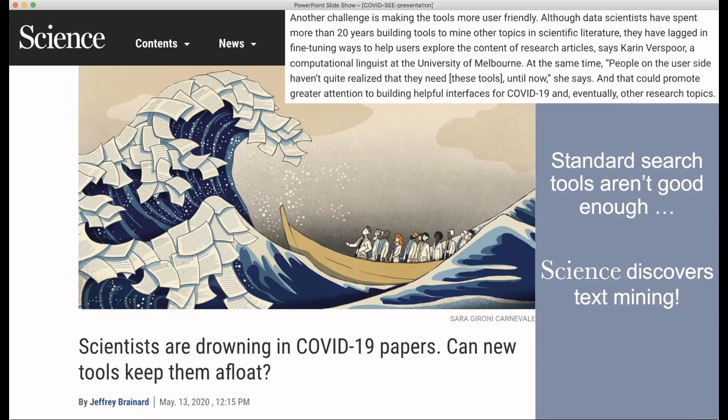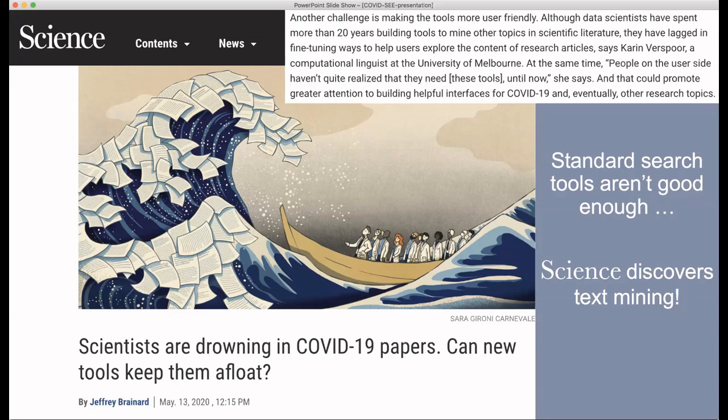But you know, the idea behind this article was, okay, there's all these papers out there. How on earth can we navigate the sea of papers, and how can we leverage technology to help us do that? And one of the points that I made to Jeffrey was that we've been doing a lot of work on the back end of text mining and developing the methods and the algorithms for doing information extraction, identity recognition, relation extraction, and really doing that piece of trying to structure the information in the literature.